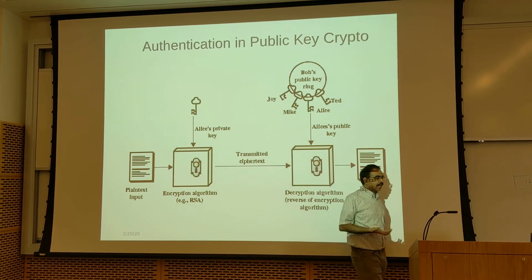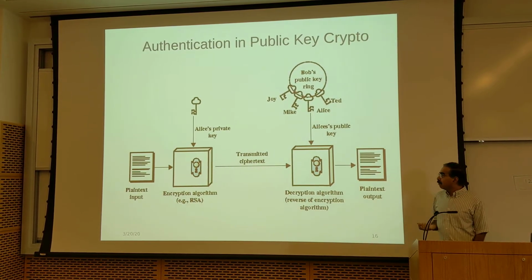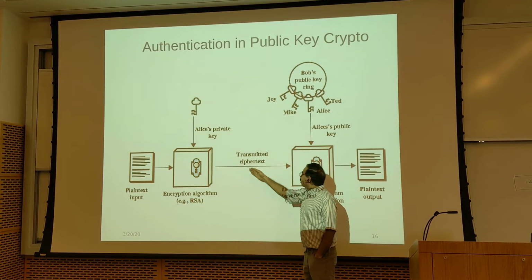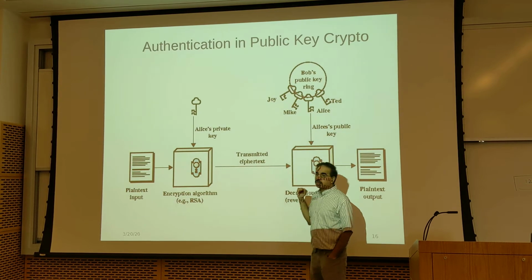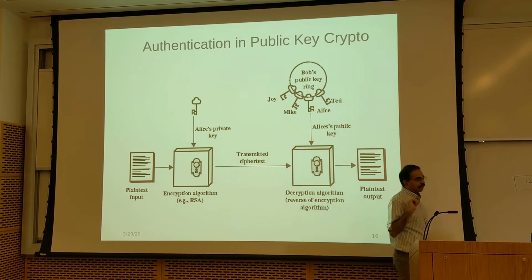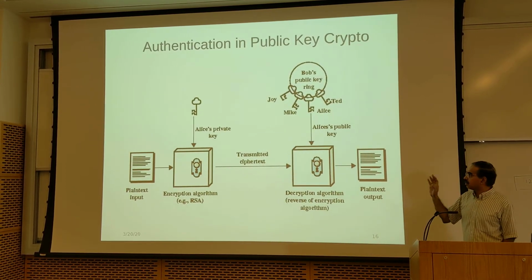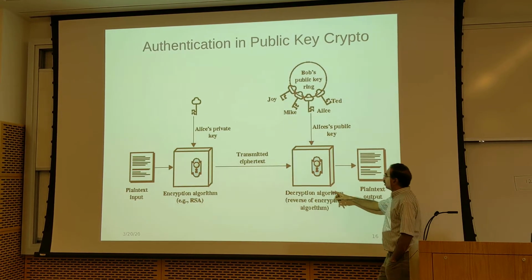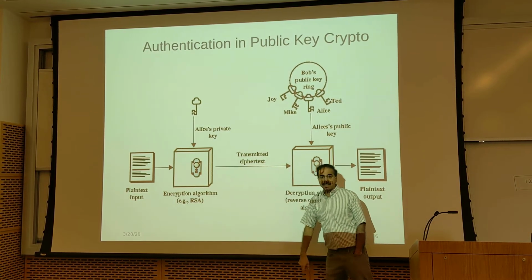So confidentiality is not being protected, but integrity is being protected, because the message could have been created only by someone who has Alice's private key, and by our assumption, only Alice has Alice's private key, and therefore this message could only have come from Alice, right?